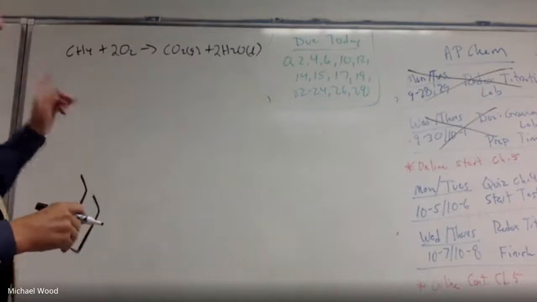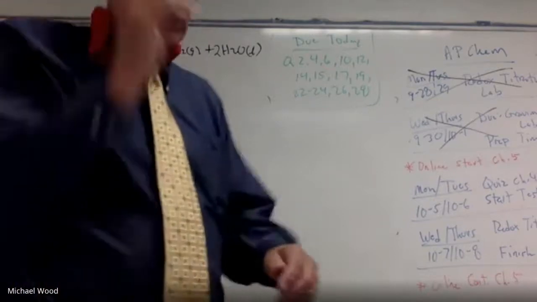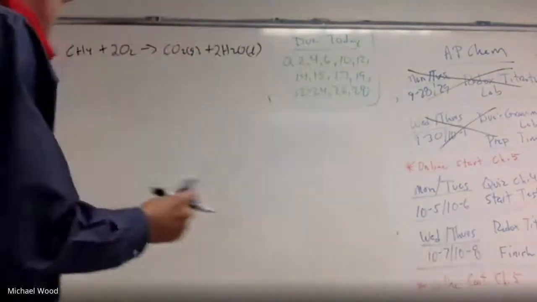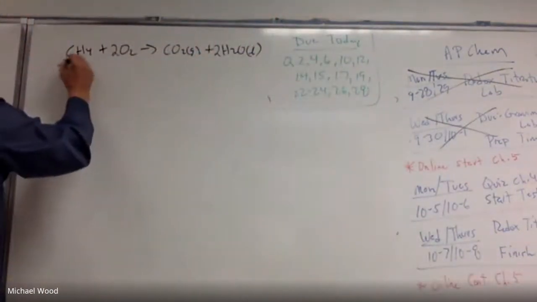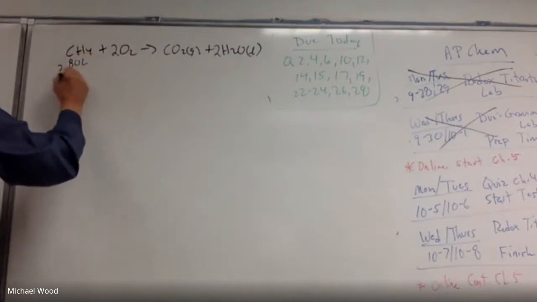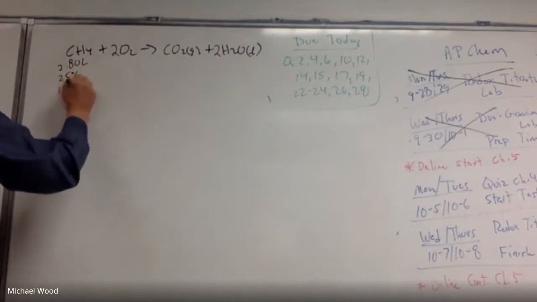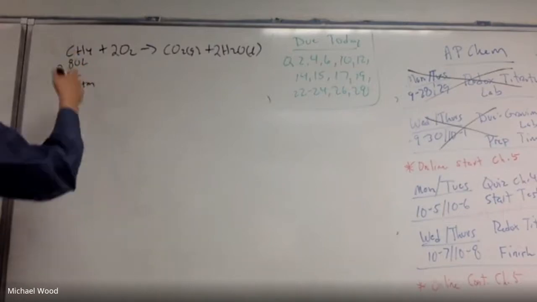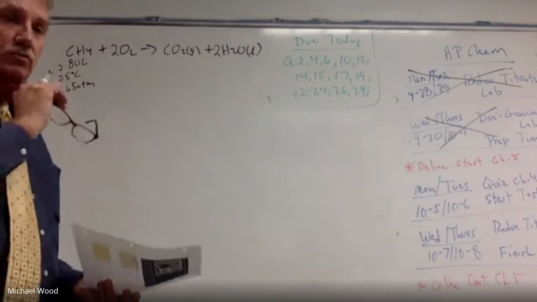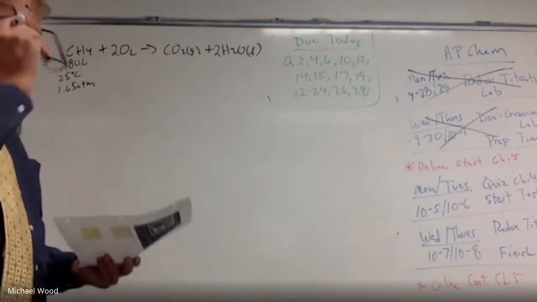Well, about the methane, this is what it tells me. It says I've got 2.80 liters. It's at 25 degrees Celsius, and it's 1.65 ATMs. Well, I can solve for moles here, and a lot of times the step-by-step process is to write the equation and to get things into moles.